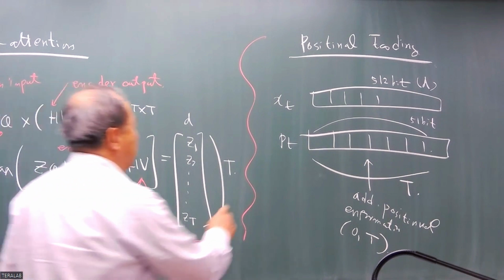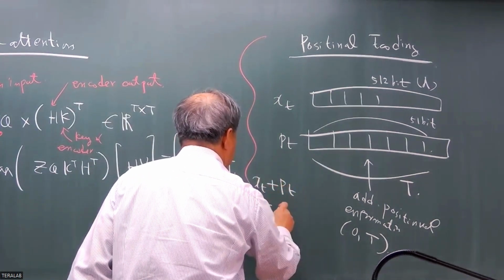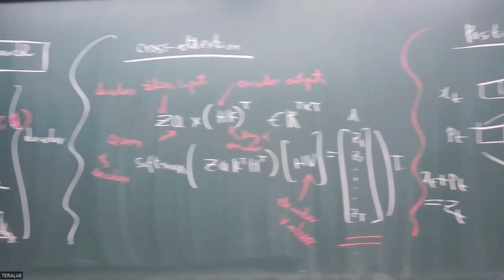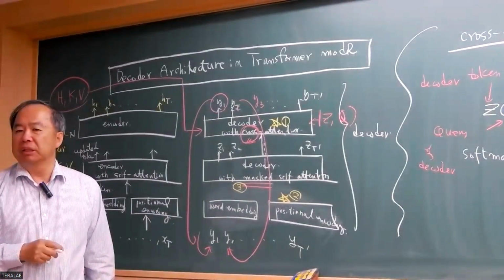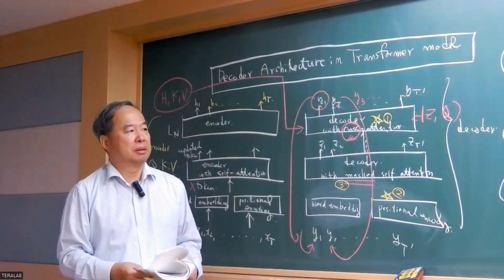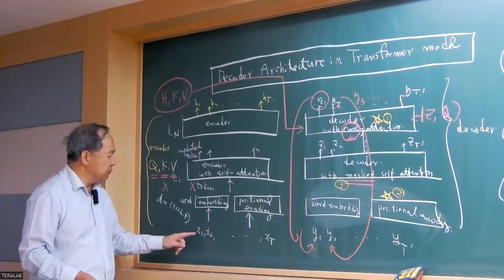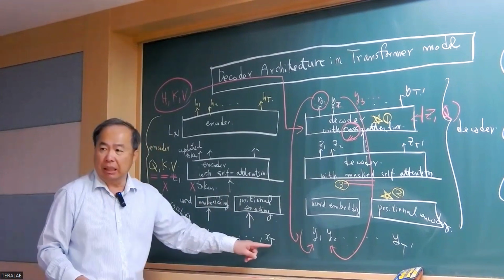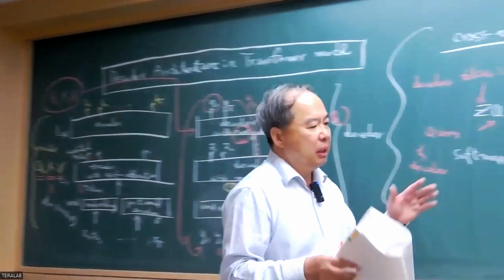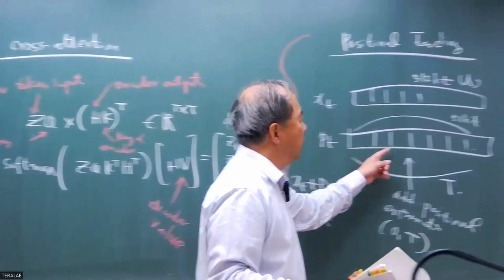And by having XT plus PT, it's gonna be GT. It's gonna be the token input to this decoder. So numerically, it is added together. The position information is from 1 to T. How are we going to convert all those position information into 512 bits?